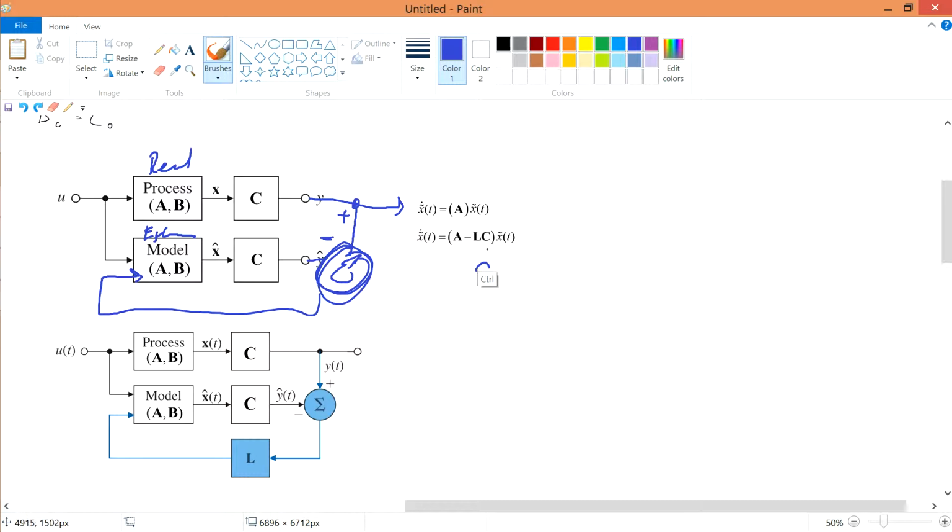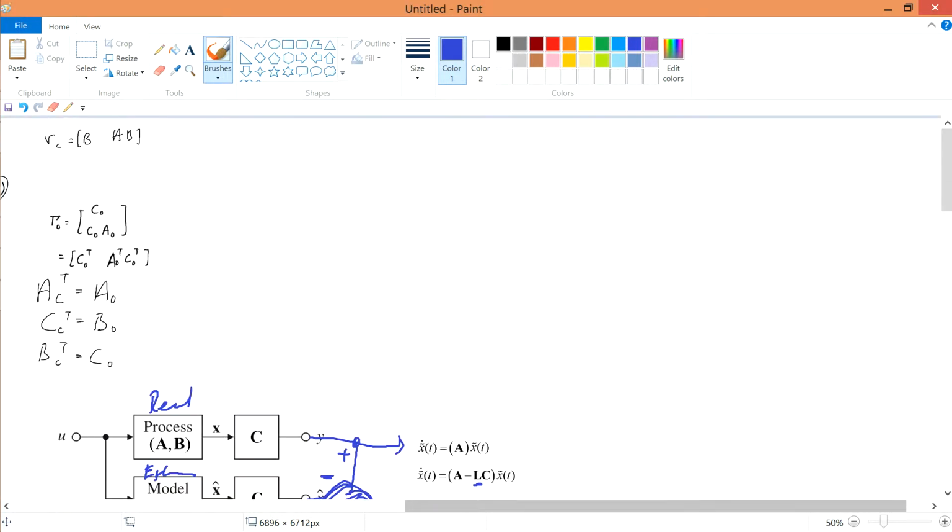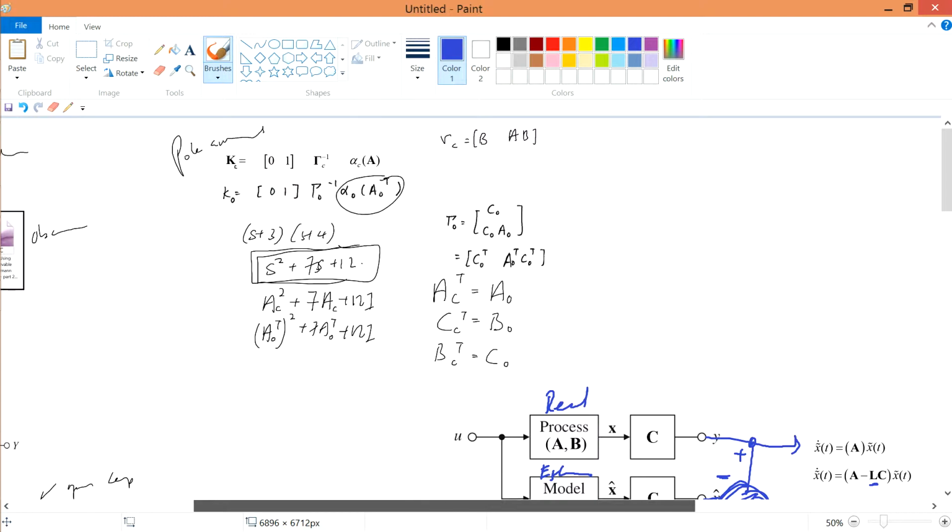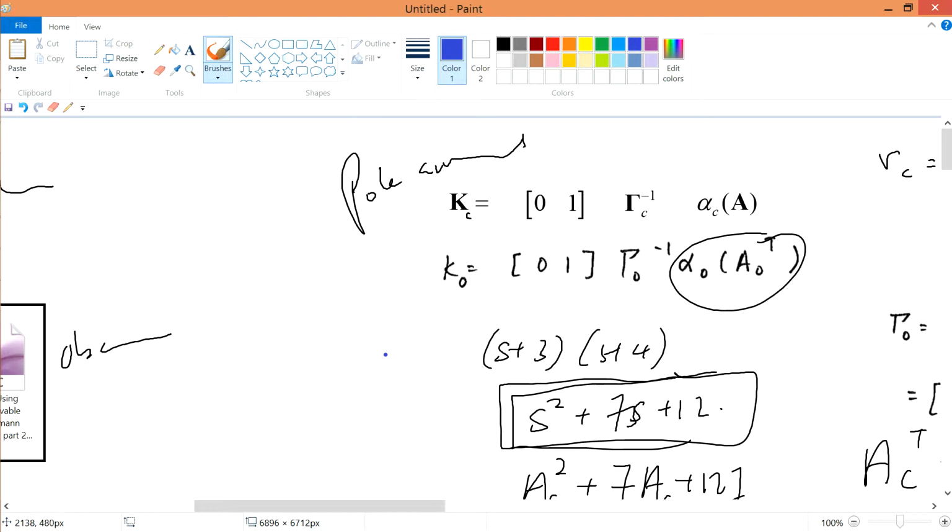So the L over here goes back to Ackermann's. If you still remember the pole assignment for the observable system, K O transpose is equal to L. The transpose of this K O will be equal to your L.